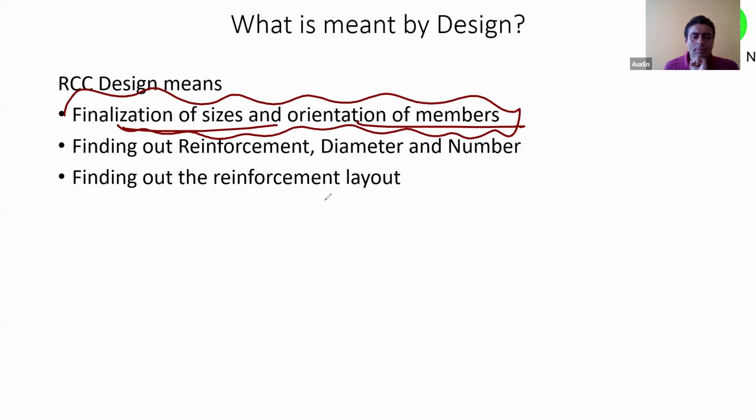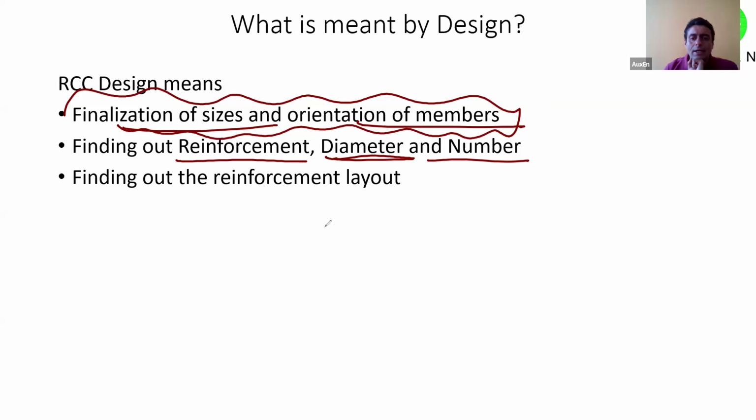So by design, I would mean that my first objective or goal would be to finalize the sizes and the orientation and the placement of the members. My second objective would be to find out the reinforcement. By finding out reinforcement, I mean to find out the diameter and number.